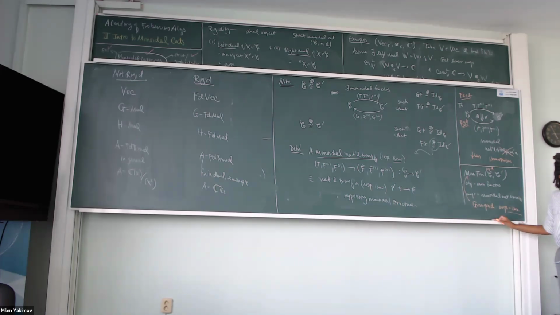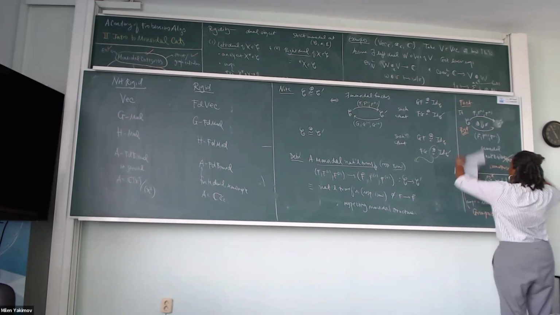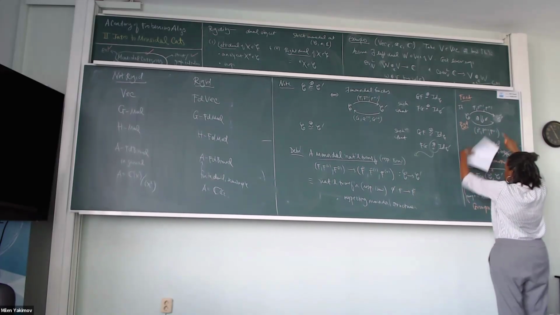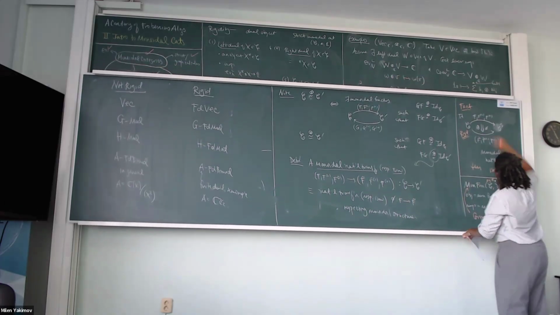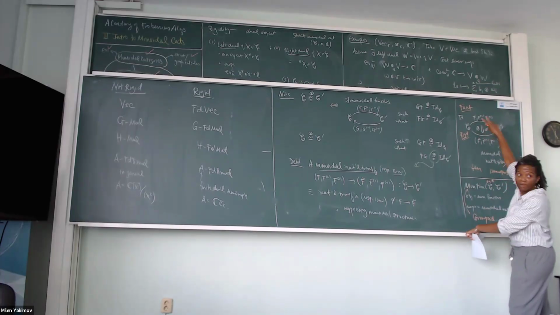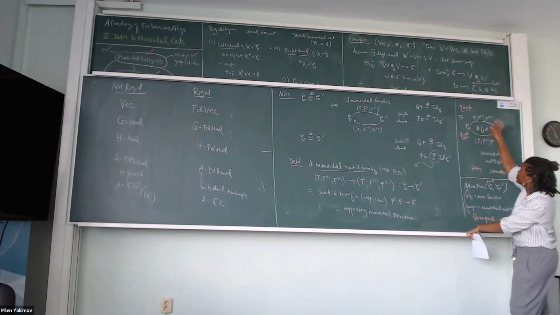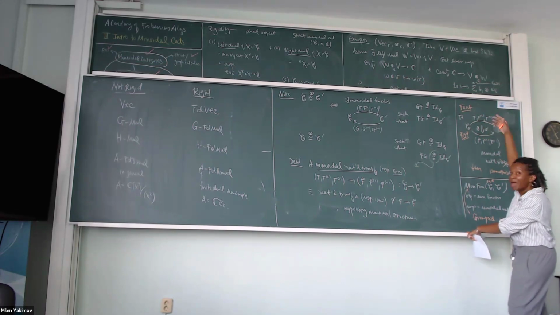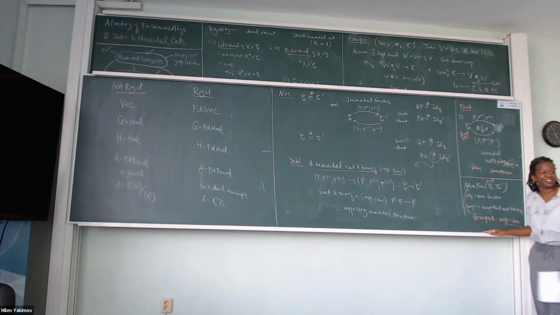Oh, no, so basically what we do is we fix C and C prime, and we take the collection of natural transformations between two maps. So the objects here are the maps, and the maps are now the natural transformations.